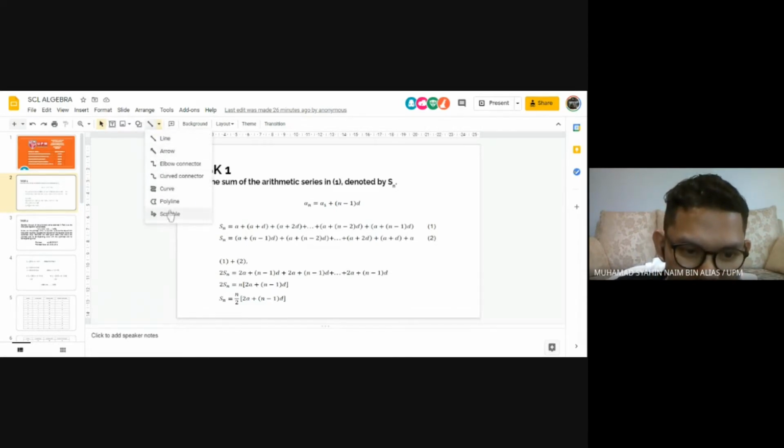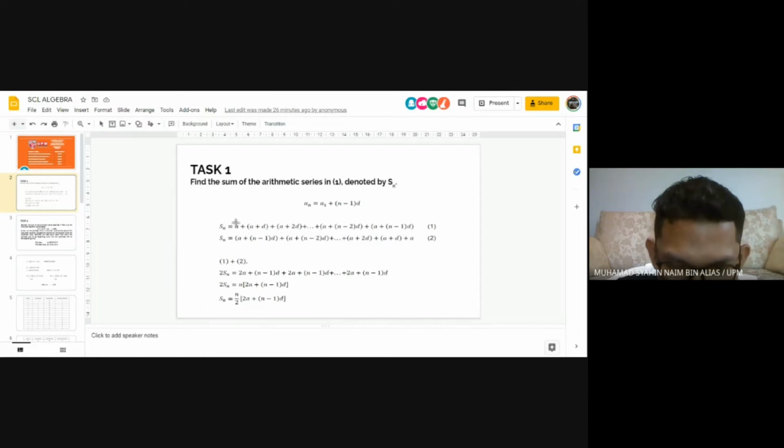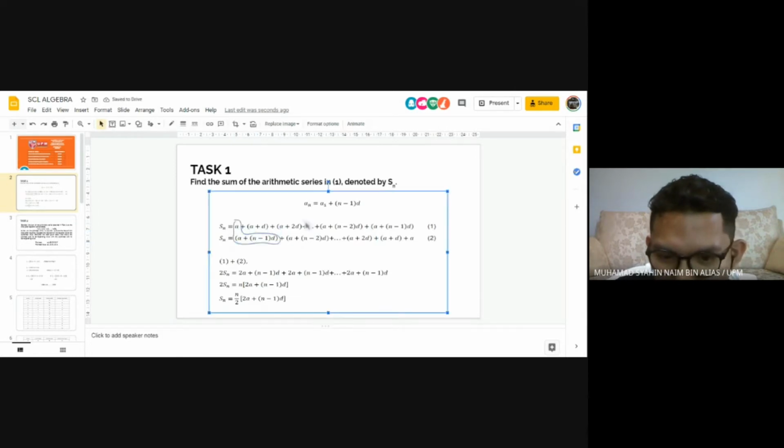Basically, we will add the first term of the first series with the first term of the second series, which is a plus a plus (n minus 1)d.